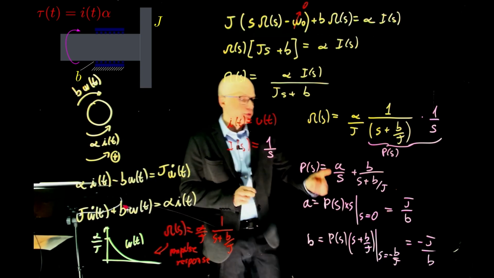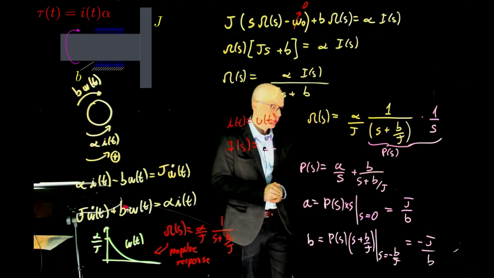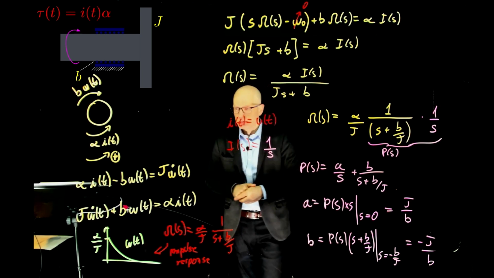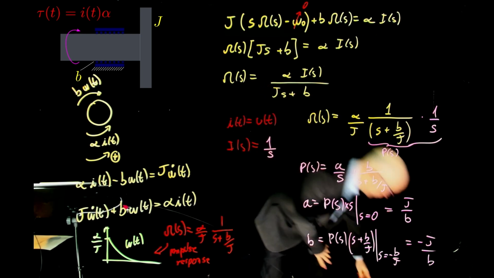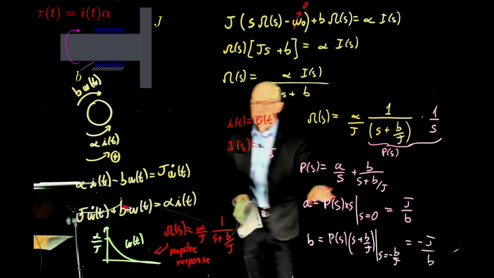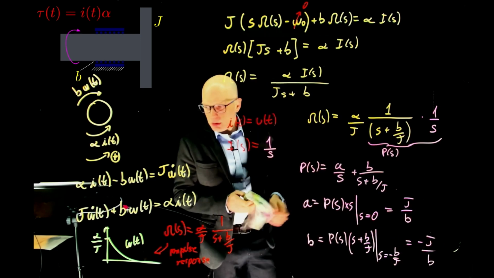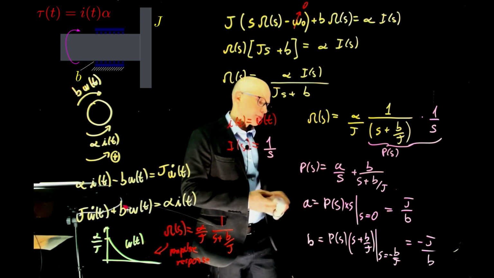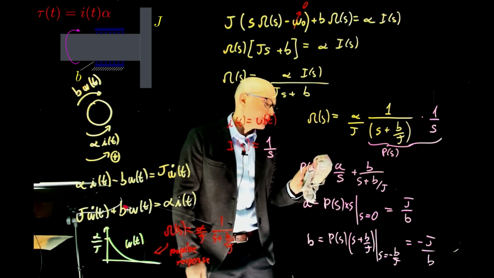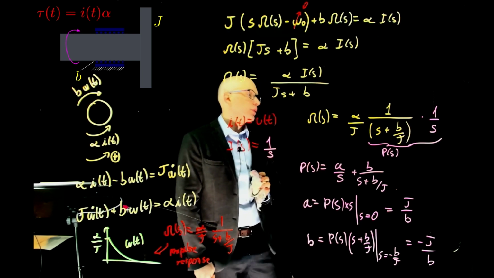So those are the values for A and B. J over B, negative J over B. Okay. Any questions here? Can I erase this part? Well, if I hear no questions, I'll do it.